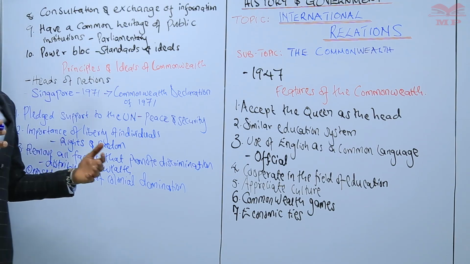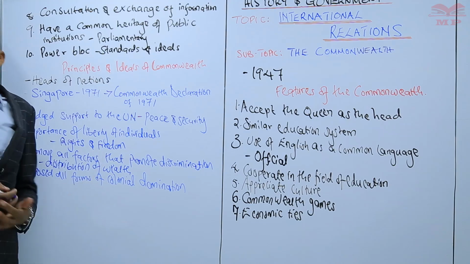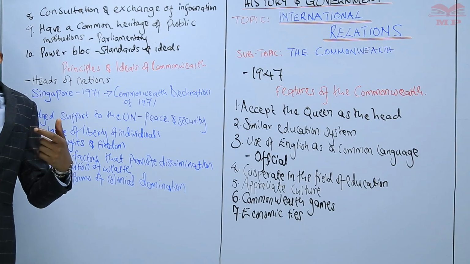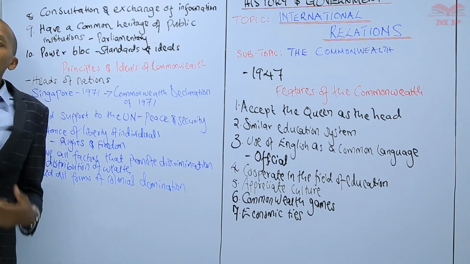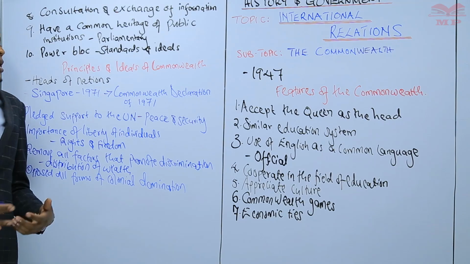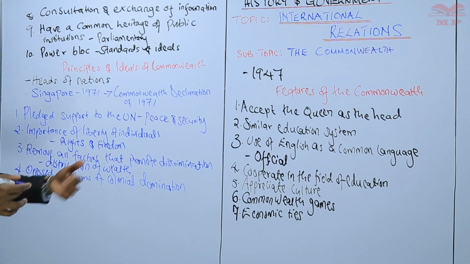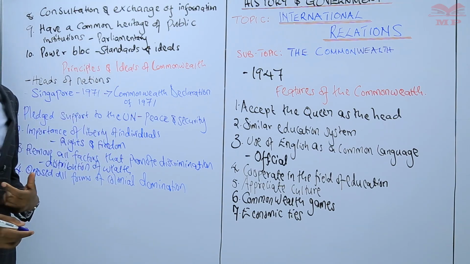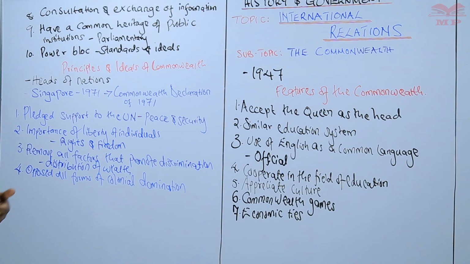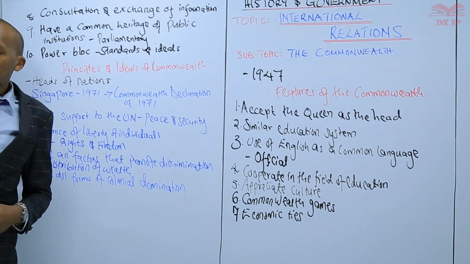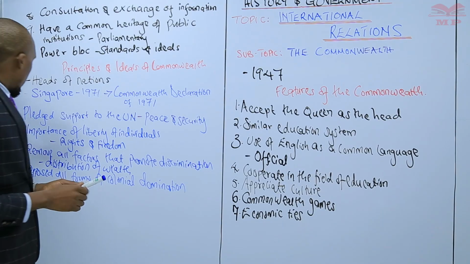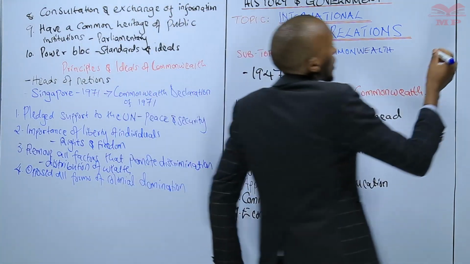That means that the members of the Commonwealth had zero tolerance to any kind of colonization. No country was supposed to be colonized. So that means every nation that is a member of the Commonwealth could not colonize any other country, and any colonies that are held by members of the Commonwealth were supposed to be ceded, and done away with.